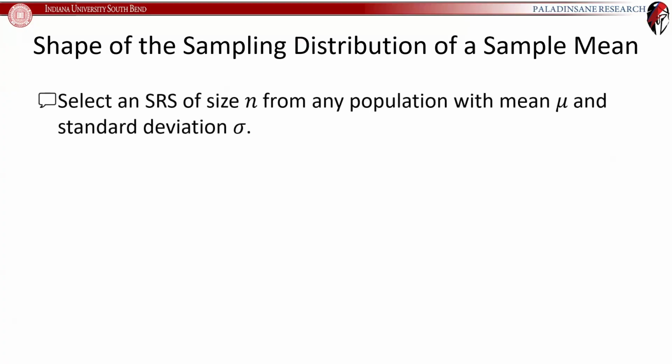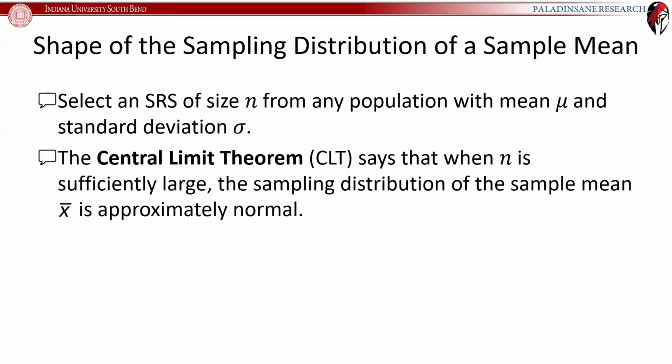And what the Central Limit Theorem says is that if you select a simple random sample of size n from any population, and that population has a mean of mu and a standard deviation of sigma, that Central Limit Theorem says that when your sample size n is sufficiently large, the sampling distribution of the sample mean, x bar, is approximately normal. So we're going to break this down as we go back and see this in a simulation.